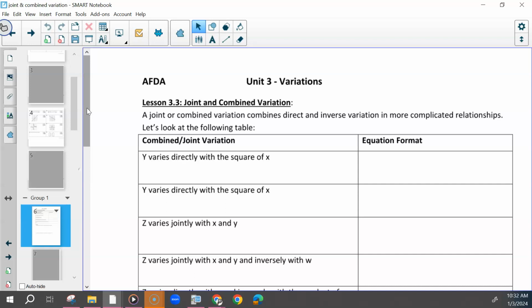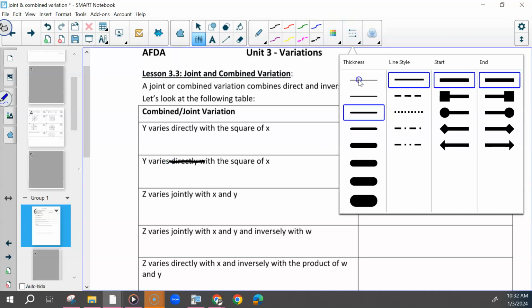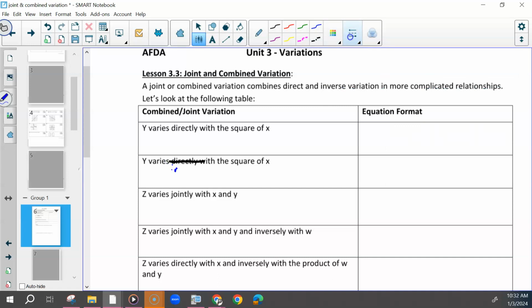Some of them combine, using direct and inverse in the same problem. Joint is something a little different, but we'll talk about that. So we need to remember what direct and inverse look like in order to do these. Also, change this word to inverse, please, because that was written twice.